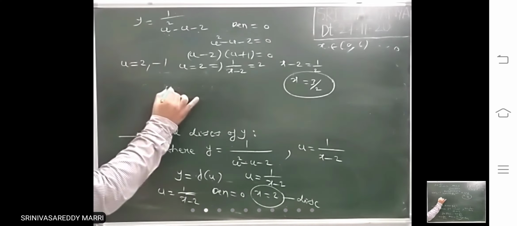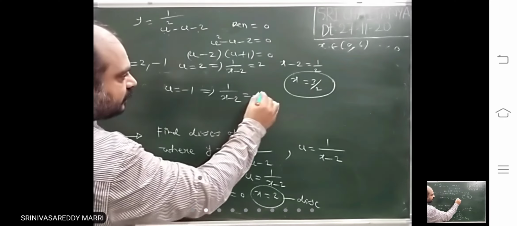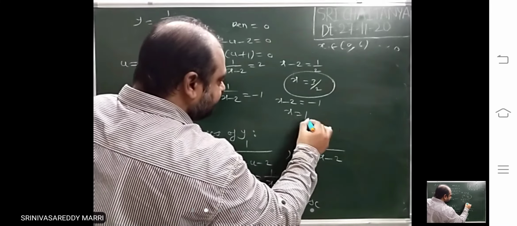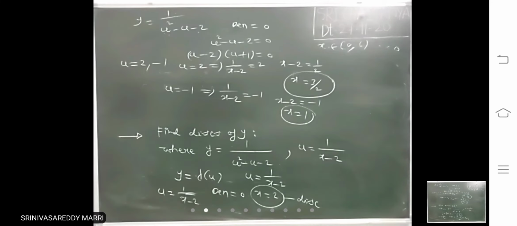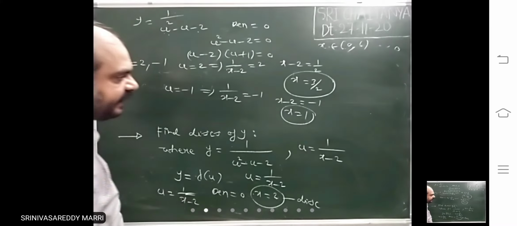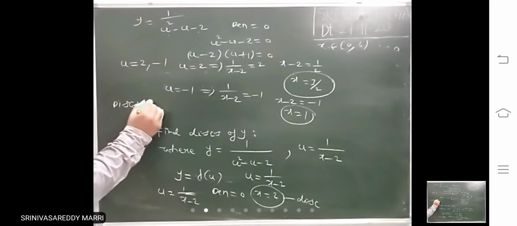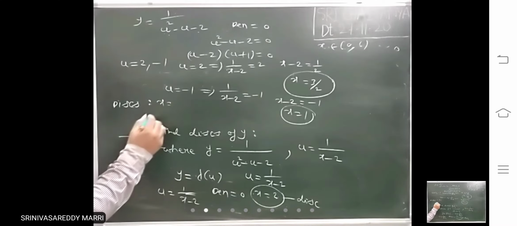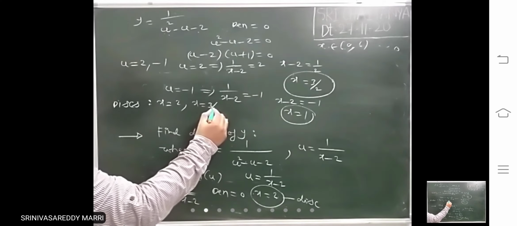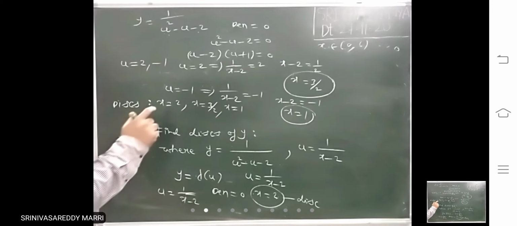Next, u equal to minus 1 implies 1 by x minus 2 equals minus 1, so x is 1. How many discontinuities are there? x equal to 2, x equal to 3 by 2, x equal to 1. How many discontinuities? 1, 2, 3.